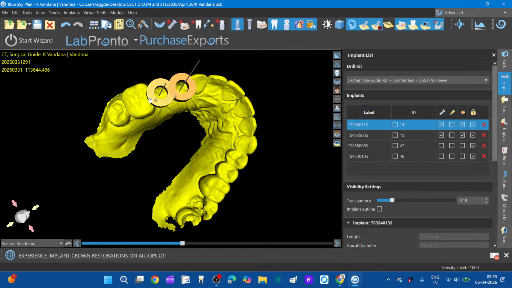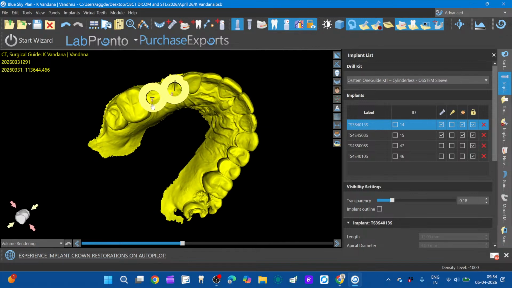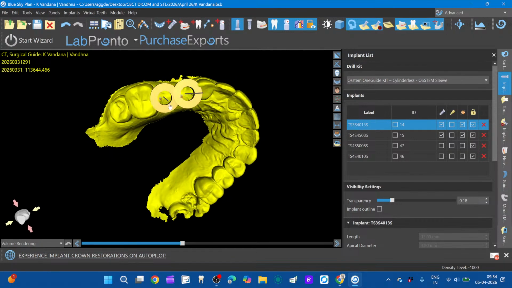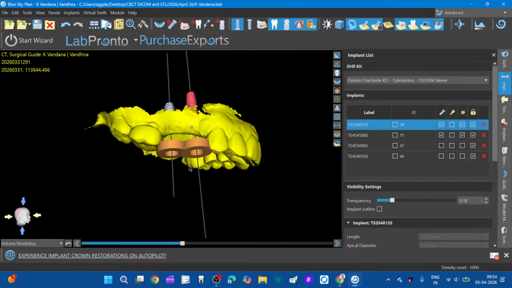So you don't have to worry that it is overlapping the teeth, because that area will not be printed. You should be concerned only about the central hole, that it should not be touching the adjoining tooth. The whole guide tube can be touching, no problem with that. So central hole is not touching the adjoining tooth, because it is here where your barrel will go.